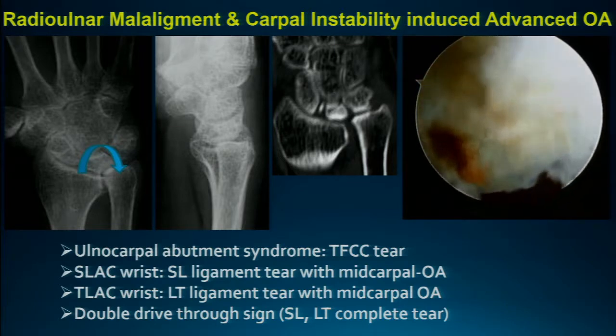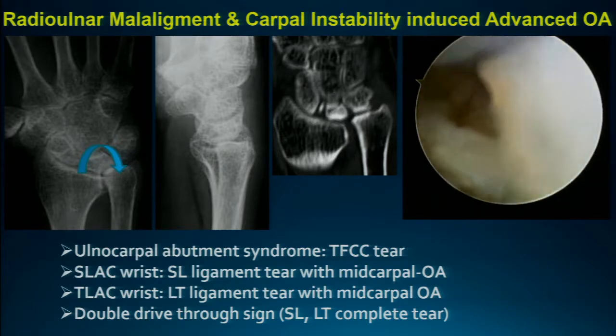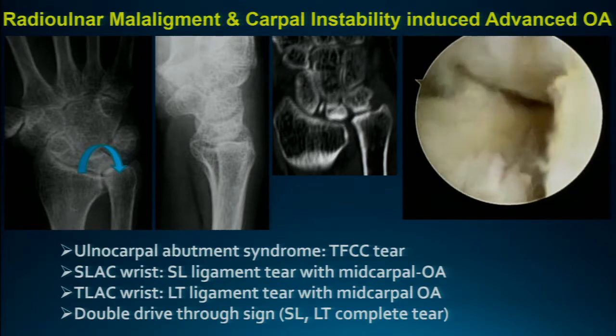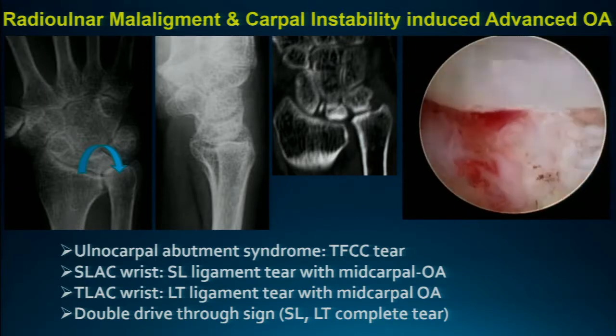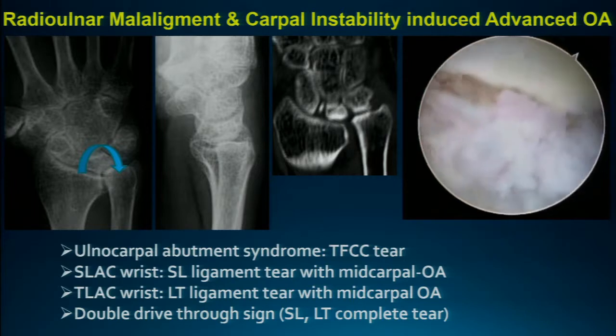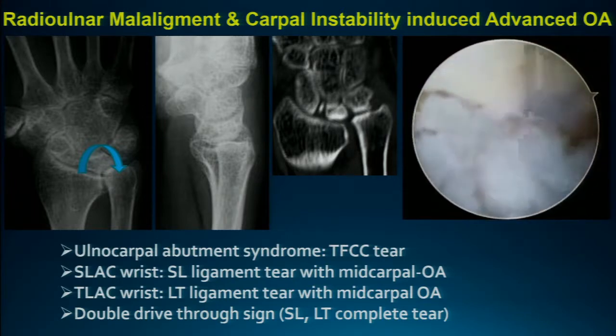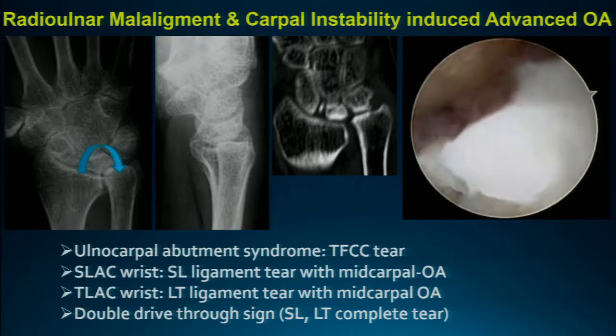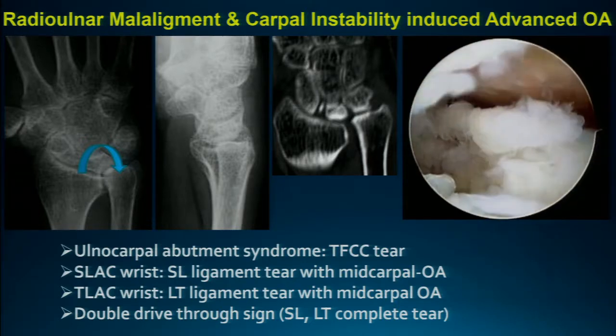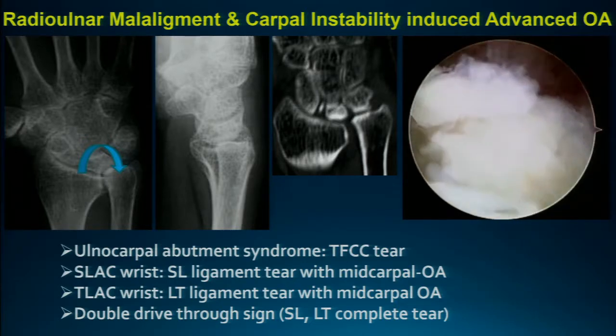We can see the arthroscopy drive-through sign from the radiocarpal joint to the midcarpal joint. And they have very advanced OA, synovitis. We can see the capitate, and from the radial to the ulnar, also very advanced OA at the hamate.